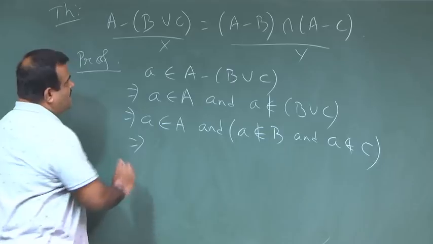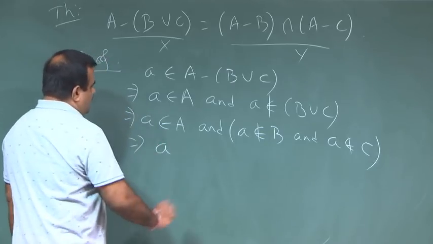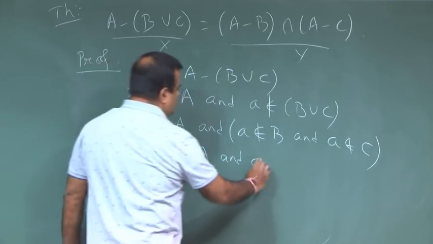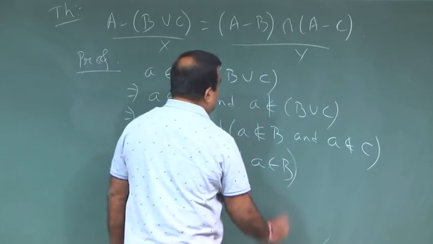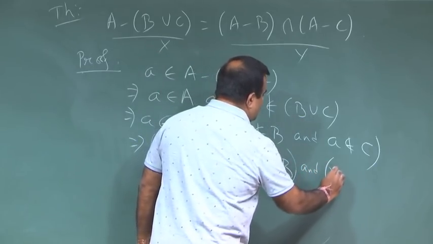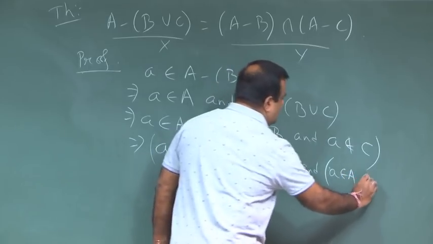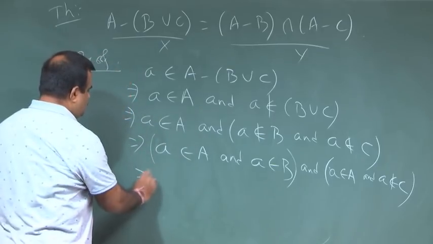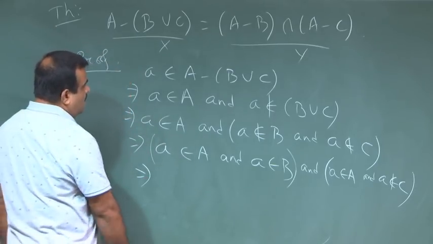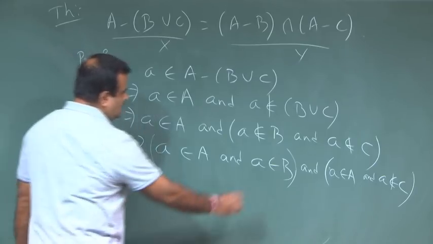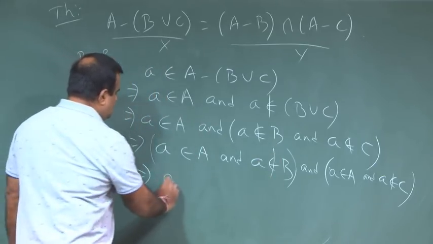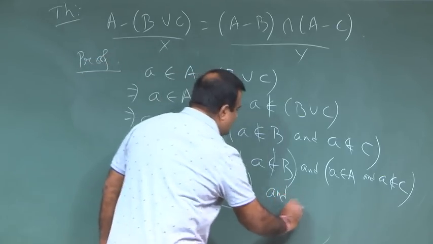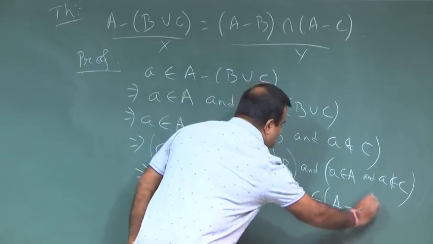Now, these two we can combine and we can have a belongs to A and a does not belong to B, and a belongs to A and a does not belong to C. So, this will give us a belongs to A minus B, first one, and a belongs to A minus C, second one.